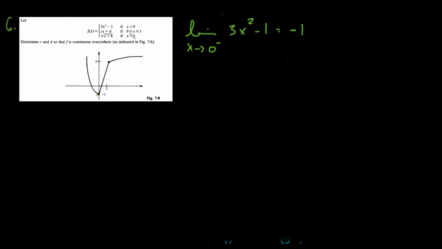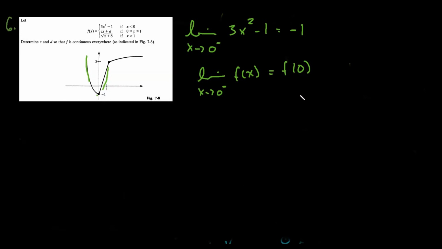By continuity, to determine if these two segments are continuous, the limit as x approaches 0 from the left of f of x has to equal f of 0. Where we plug in 0 has to be the second function, because x has to be greater than or equal to 0 and less than or equal to 1.